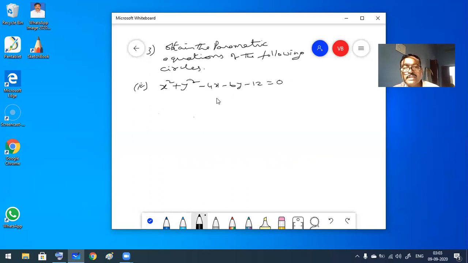The equation was given in the form of the general equation, x square plus y square minus 4x minus 6y minus 12 is equal to 0.